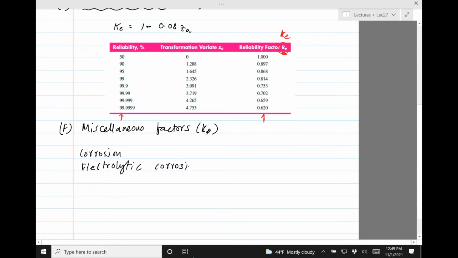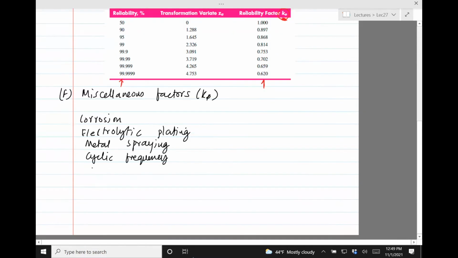Electrolytic plating, metal spraying, cyclic frequency. So if you cycle it around, endurance changes.